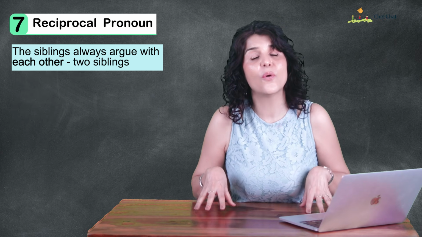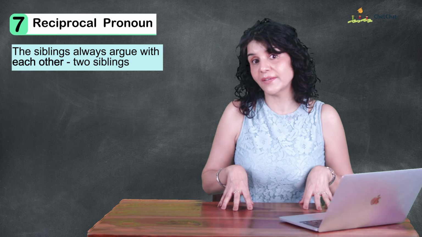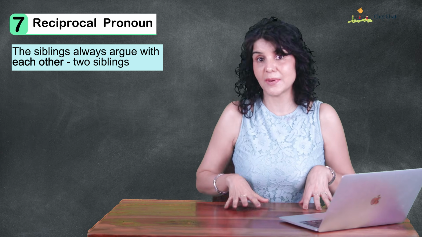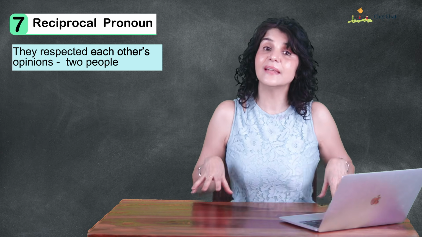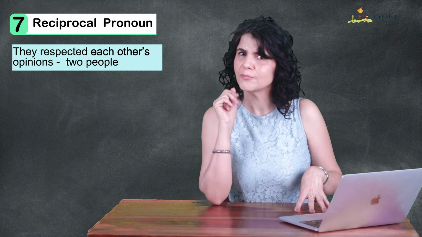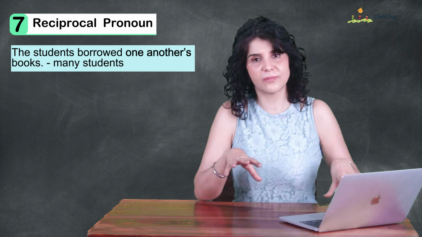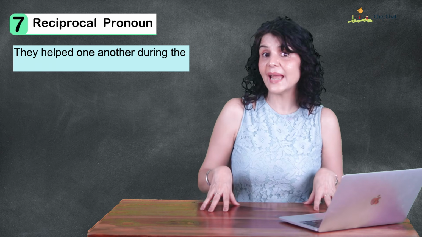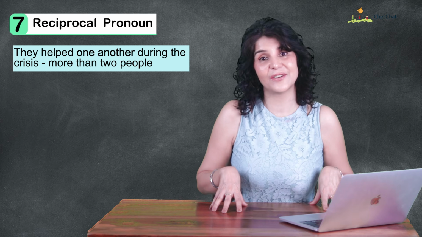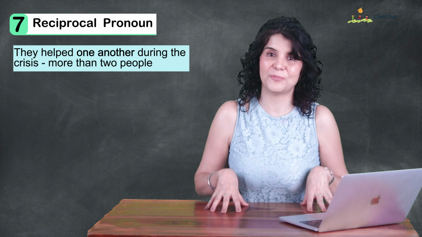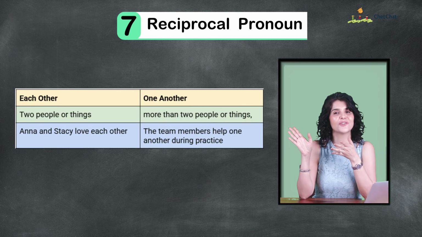The siblings always argue with each other. There are 2 siblings we are talking about. They respected each other's opinions. 2 people. The students borrowed one another's books. There are many students. They helped one another during the crisis. More than 2 people. Here's the information on a table.